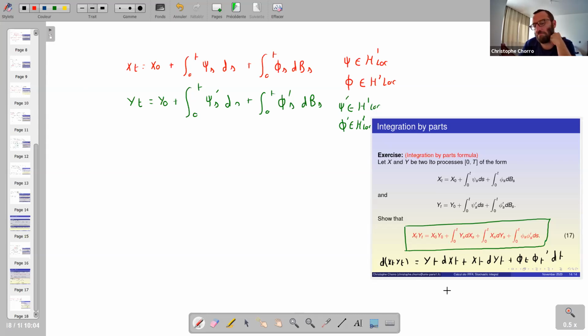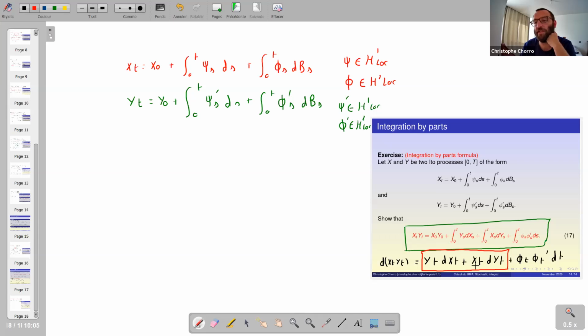And in fact, this kind of formula is not completely new, because the beginning here is the classical formula, in the sense that the derivative of a product uv is u prime v plus u v prime. So here you have the beginning of the derivative of a product. But since we deal with Ito processes, you will have an extra term, as we have an extra term in the Ito formula for the Brownian motion, for example.